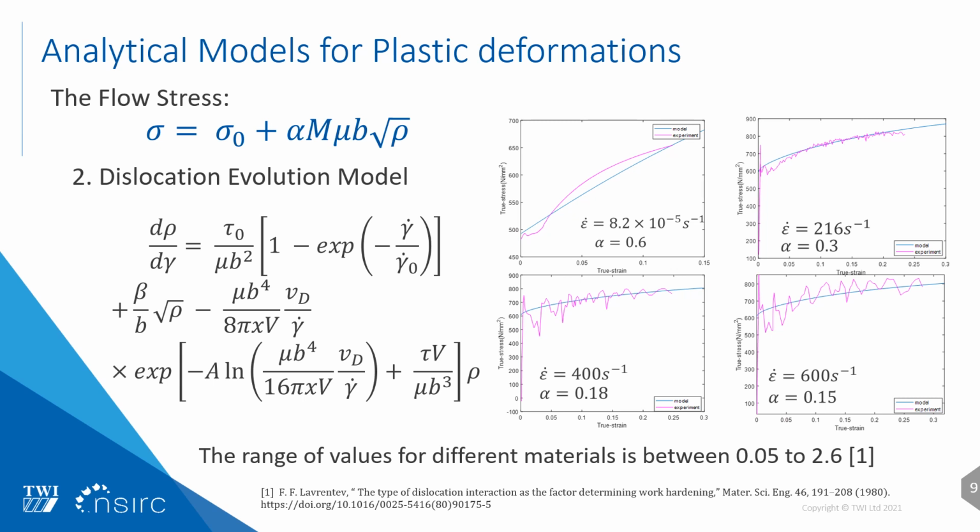And then we have different values for alpha, which for this material ranges from 0.05 to 2.6, and we can see that for the different strain rates, the graphs correlate very well as they propagate.